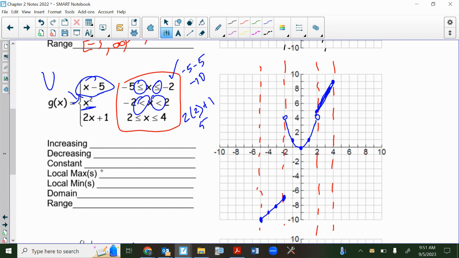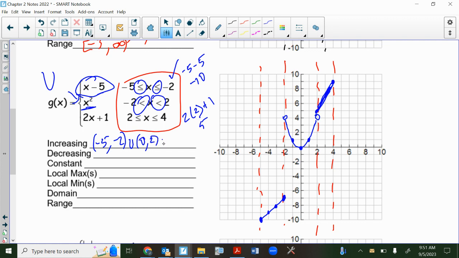All right. So again, this is one of those cases. Let's talk increasing, decreasing, constant. So increasing, well, it's increasing from -5 to -2. And then it's again from 0 to 2.